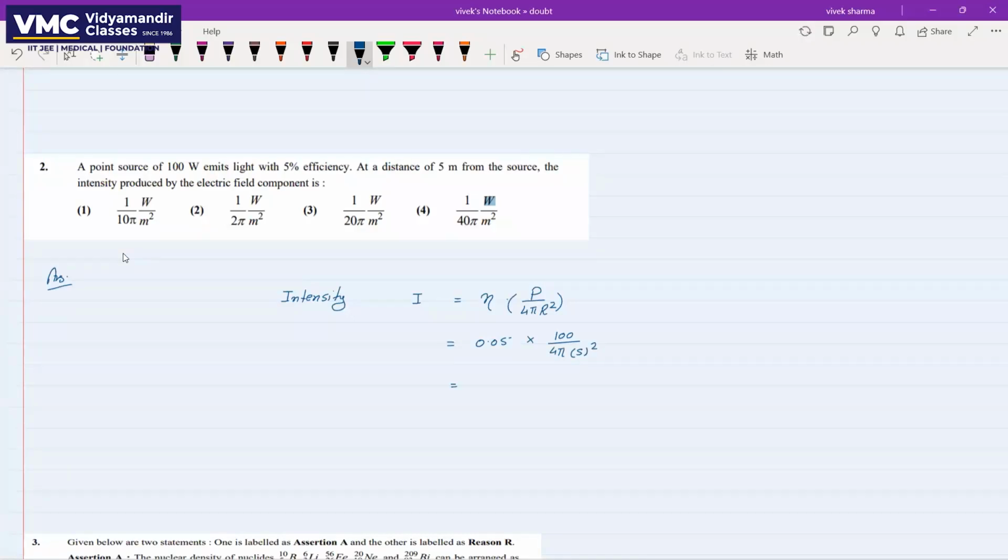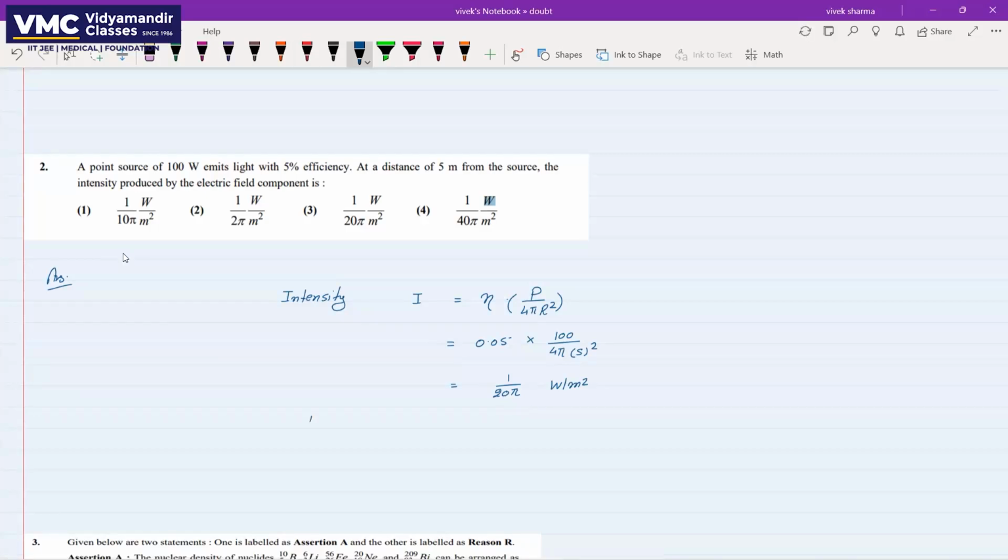So this will come out to be 1 upon 20 pi watt per meter square, but this intensity is due to both the electric field as well as the magnetic field. So the total intensity is 1 upon 20 pi, but we need to find the intensity due to the electric field component only, which is half of it.